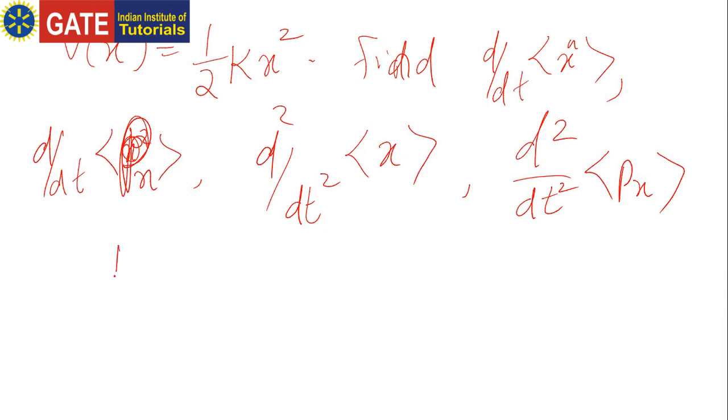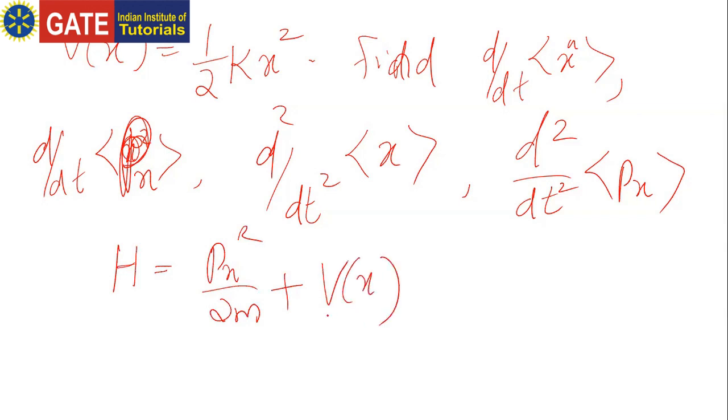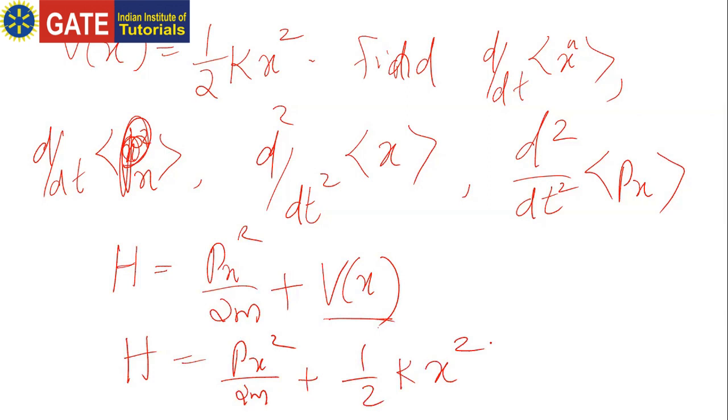What is our Hamiltonian? Px square by 2m plus v of x. What is v of x here? Substitute: px square by 2m plus half kx square. I think the question is clear for you.